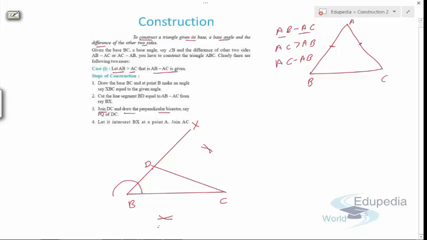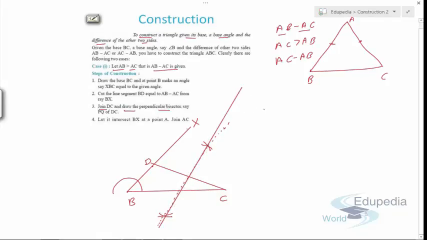Then we draw a dotted line like this, and extend the line passing through these points, till it reaches over here, like this.